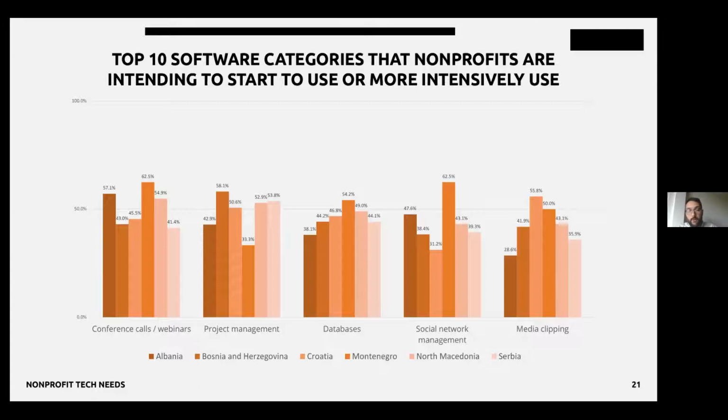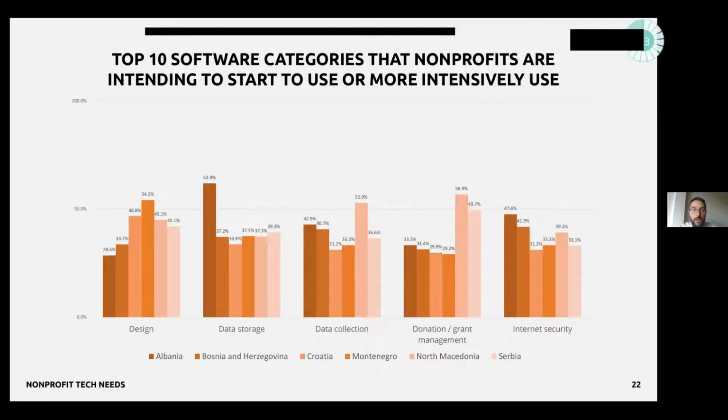Everyone recognizes that they want to be more efficient or spend more on software for webinars, but what often comes up when we in Catalyst talk with organizations is the need for project management, but also for databases, how to store their data, how to be more efficient in their processes. So that is a really recognized need.